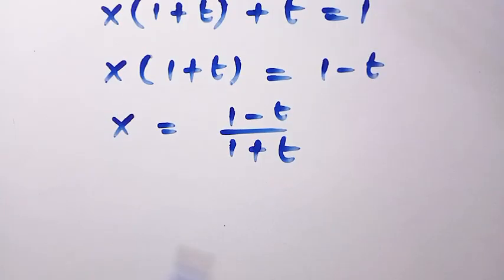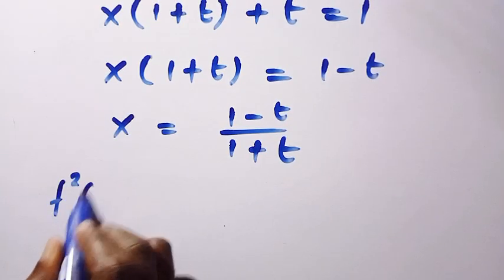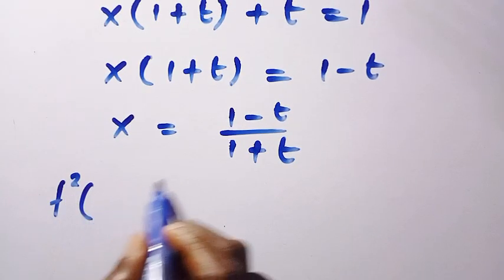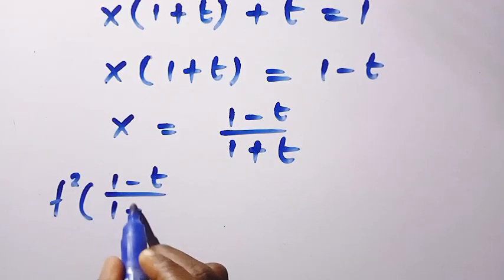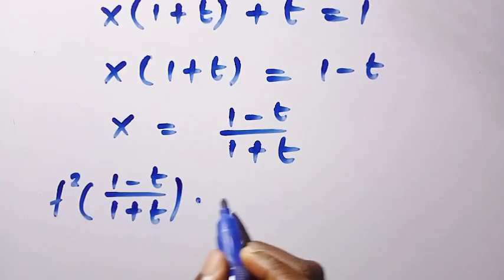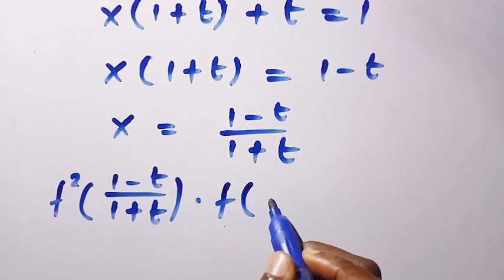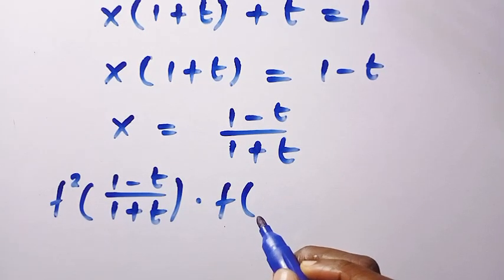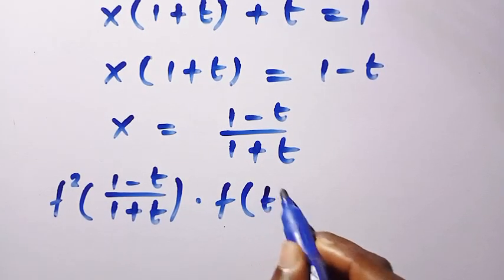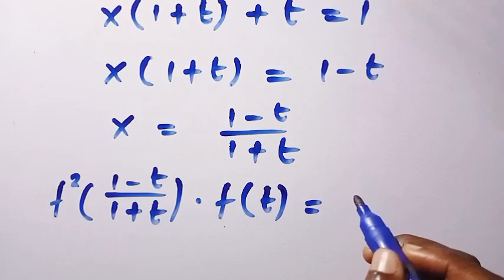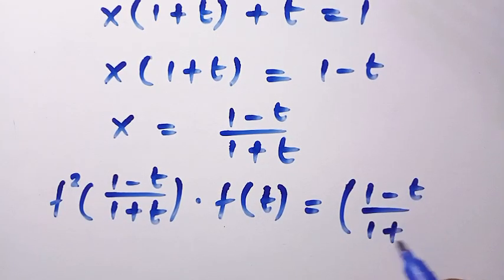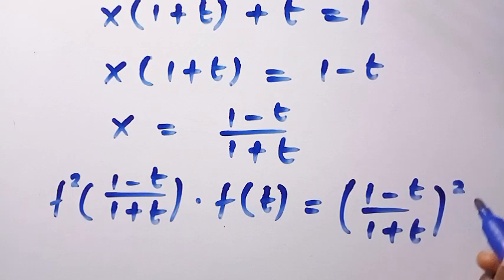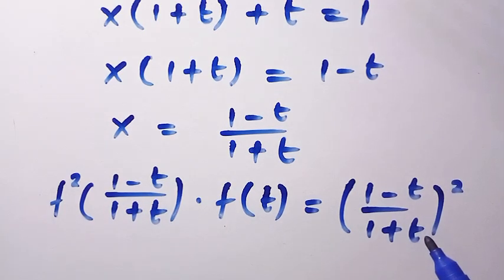We have f squared of (1 minus t) divided by (1 plus t) multiplied by f of, so (1 minus x) divided by (1 plus x), we just write as t, equals x squared, which is now becoming (1 minus t) divided by (1 plus t) raised to power of 2.